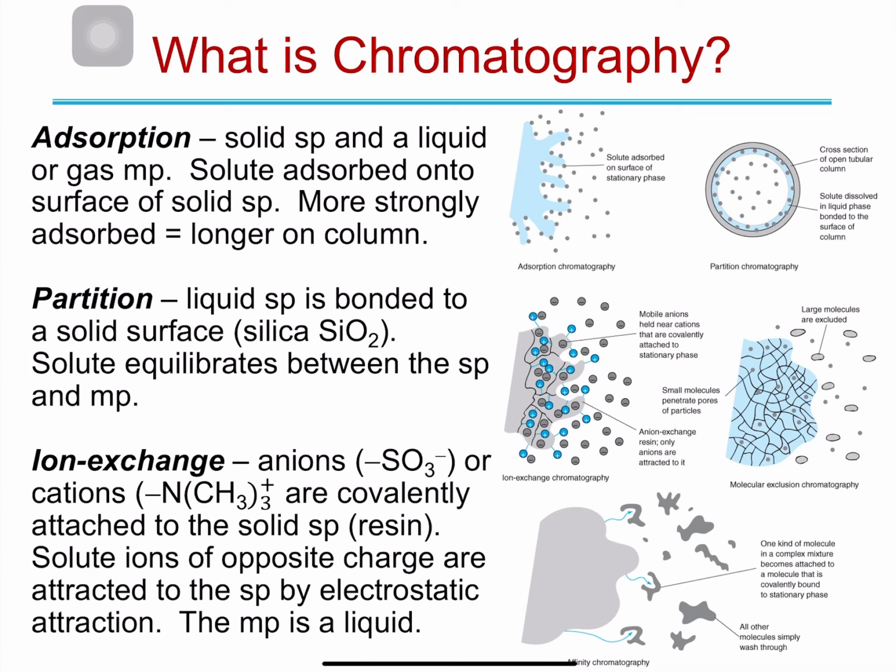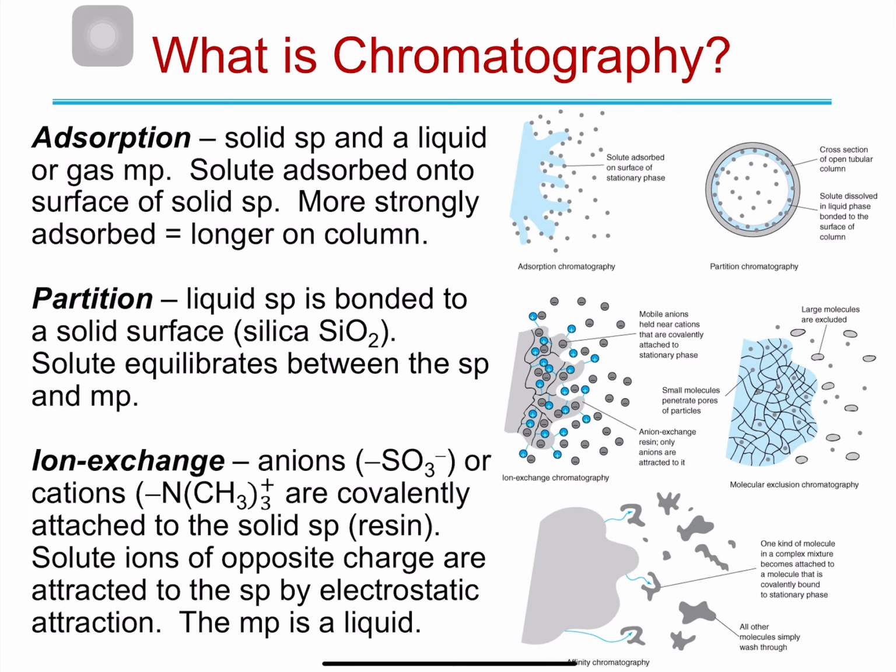In the case of adsorption, we have a solid stationary phase. The stationary phase is a solid, and the mobile phase here could be a liquid or a gas. So you have a solid and then a liquid or a gas as a mobile phase. And then your analytes will be adsorbed on the surface of the stationary phase.